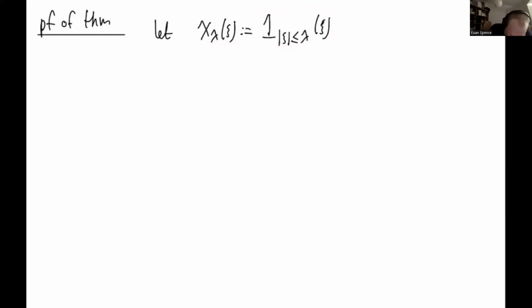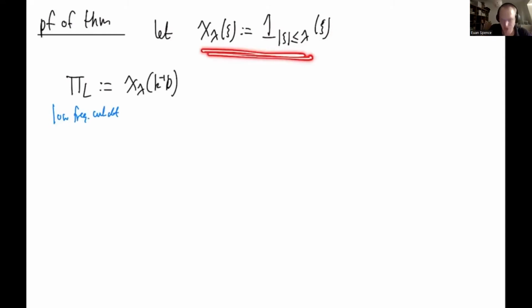And now I'm going to define pi L for low. We're talking about low frequencies. This is a low frequency cutoff. It is now the Fourier multiplier corresponding to this Fourier symbol here.